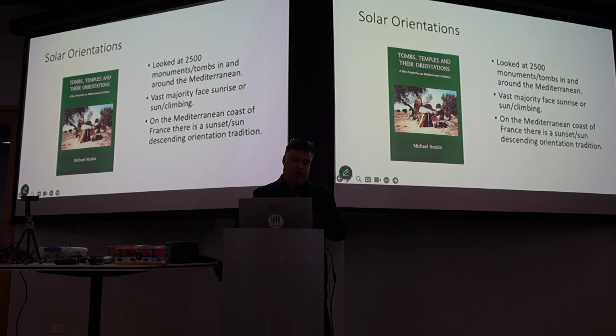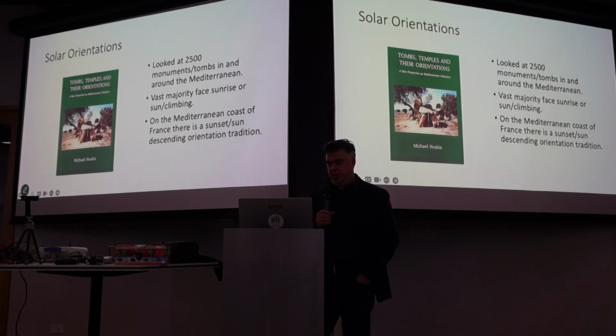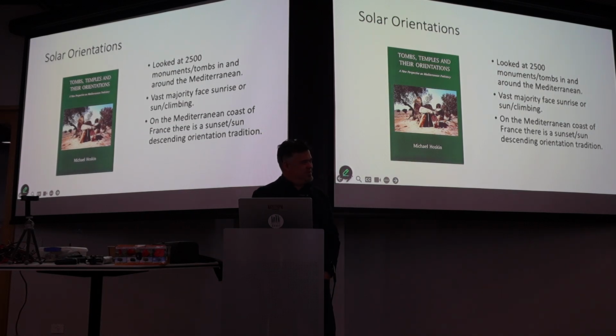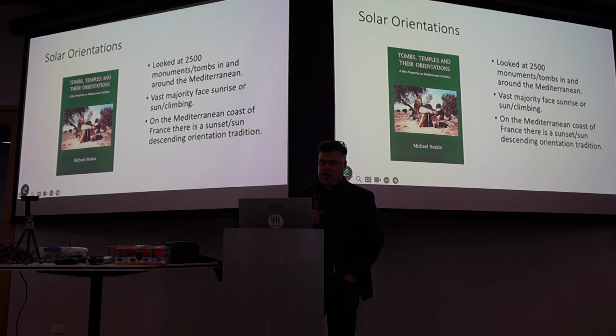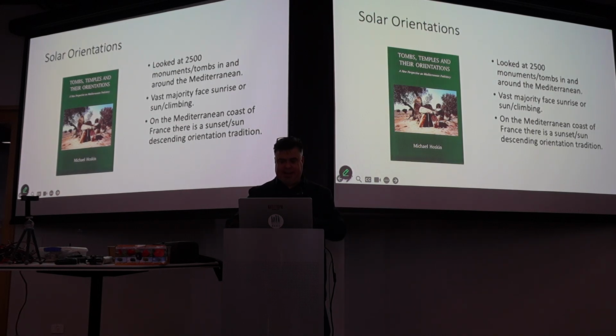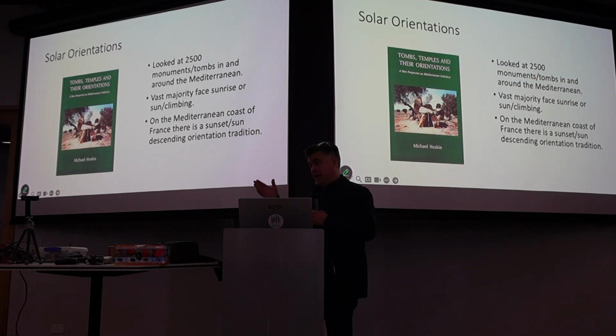Clive again mentioned the really important work of Michael Hoskin. This was published in 2001. Michael Hoskin and associates, people interested in doing this, have looked at thousands and thousands of tombs, particularly around the Mediterranean, and noticed, as Clive mentioned earlier, that there's basically a sunrise tradition.